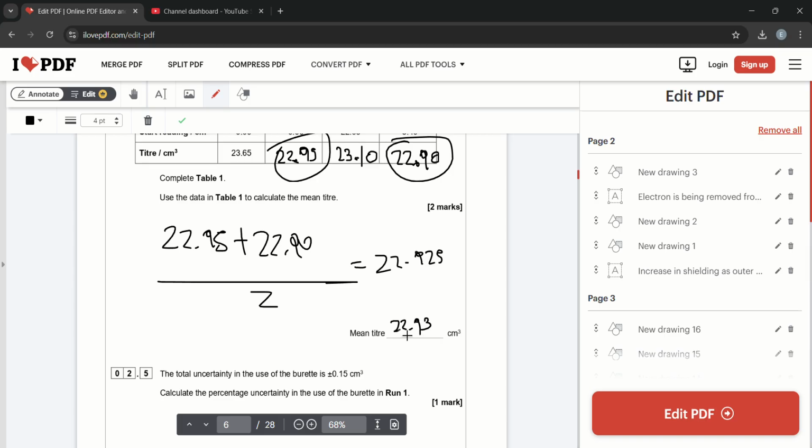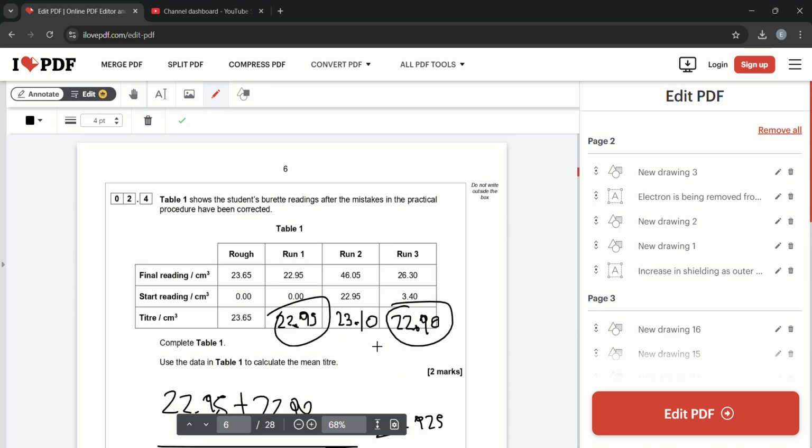which can be 22.93. I'm pretty sure in a mock maybe last year I gave it to like 22, for example. Here I wrote 23.1, probably a different question as well, but I got 0 marks because in the mark scheme it wanted it to 2 decimal places for each of them.